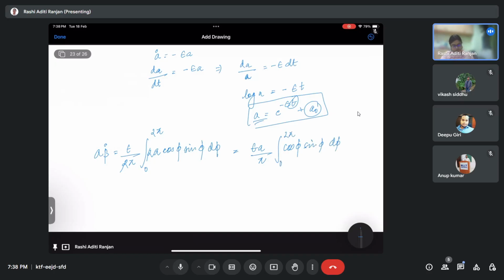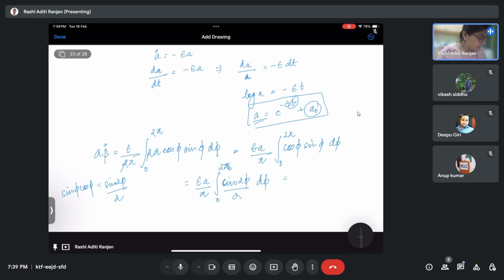So by trigonometric identity, we can write sin phi cos phi is equal to sine of 2 phi by 2. Yeah, this is what I'm going to get.